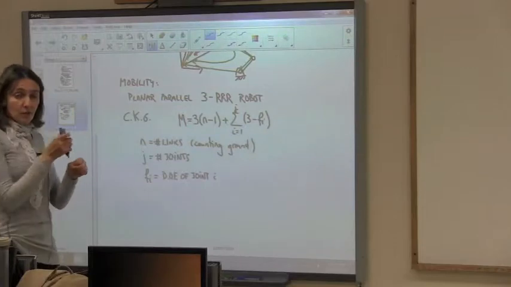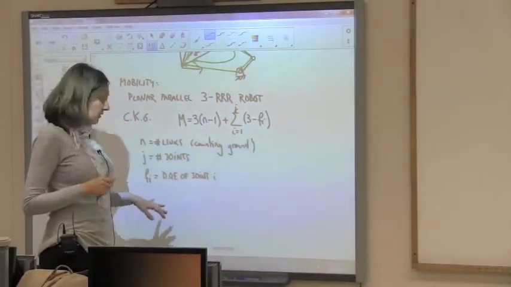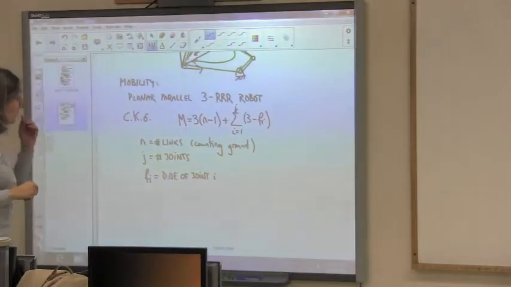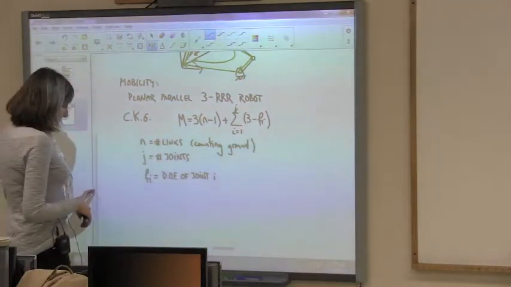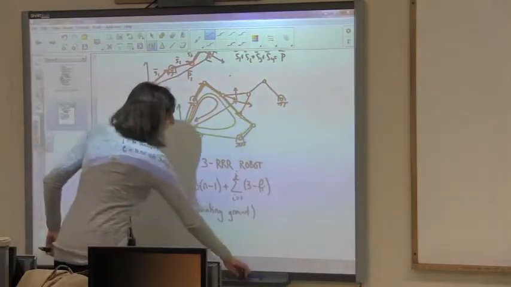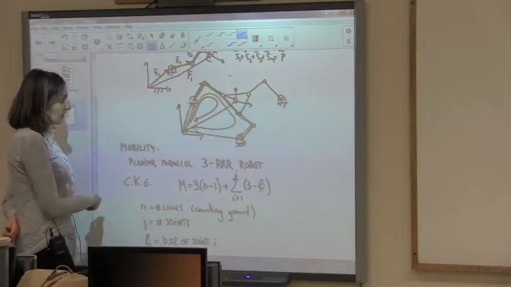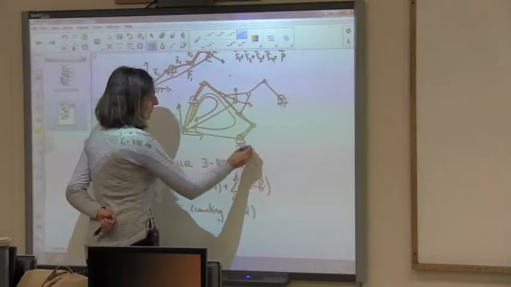So for instance, if it's a revolute joint, it only allows rotation about that axis, so the degrees of freedom equal 1. If we count for this case, let's count the number of links.